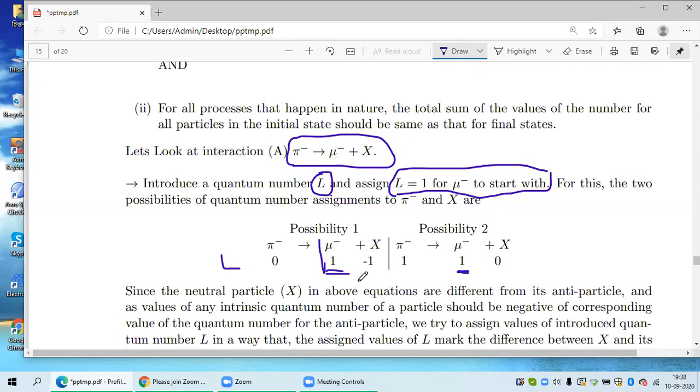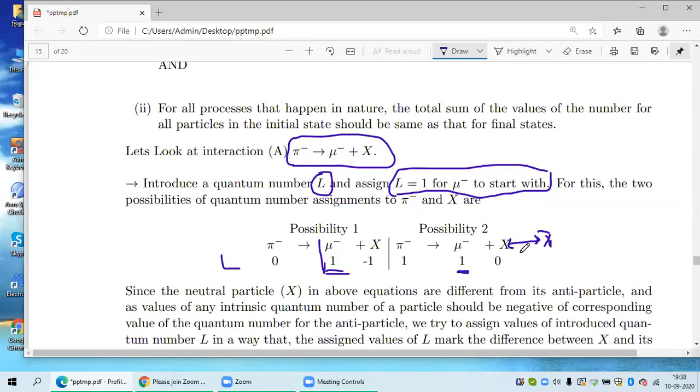Now, if I choose possibility 2, that means this neutral particle gets an L value equal to 0, which means its antiparticle x bar, which is different from x, should also have an L value equal to 0. Clear? Then L will not be a good quantum number to distinguish between x and x bar.